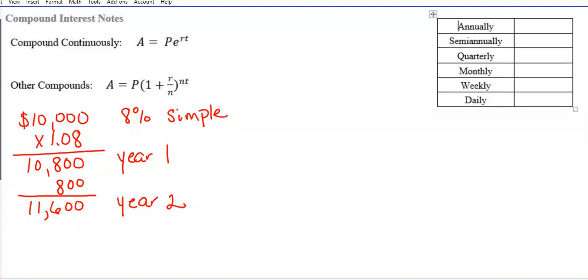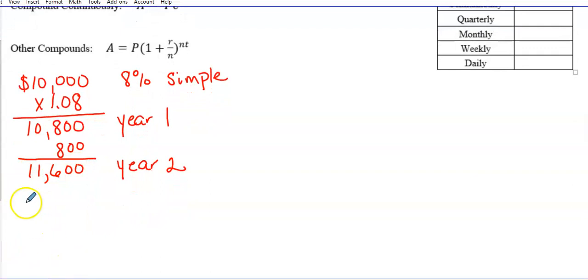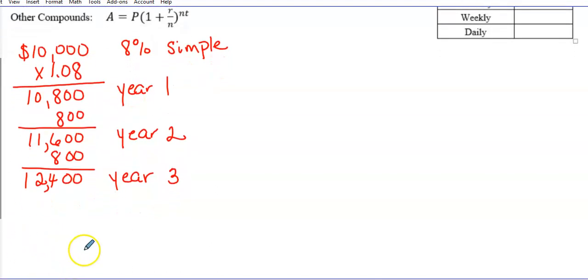End of year 3, same thing. They're going to add $800 to this. This is the end of year 3. And so on and so forth. As long as you leave your money in there, you will continue to earn $800 per year on your money.